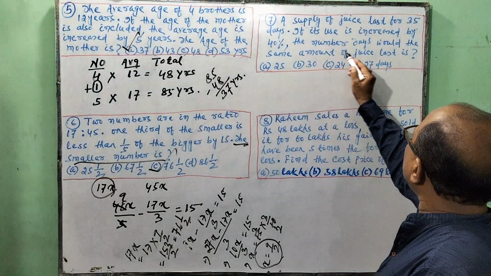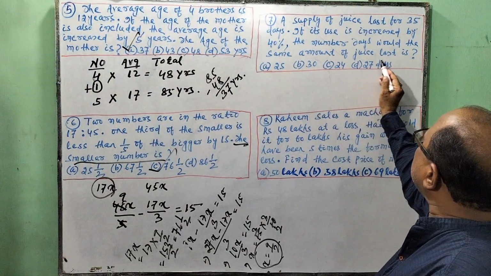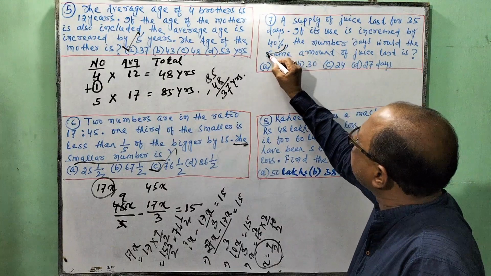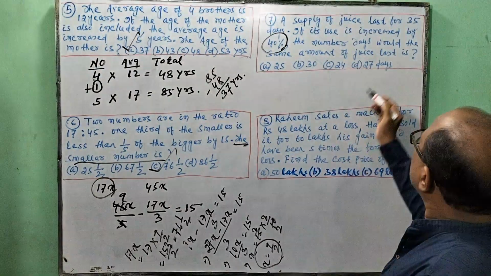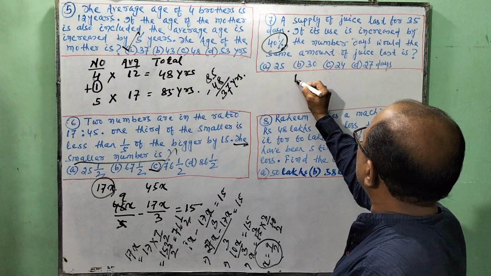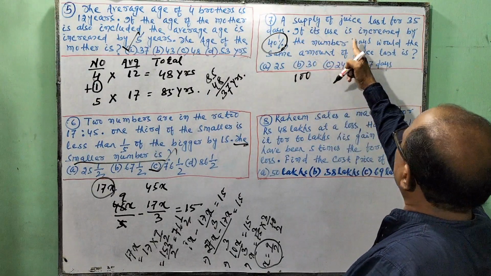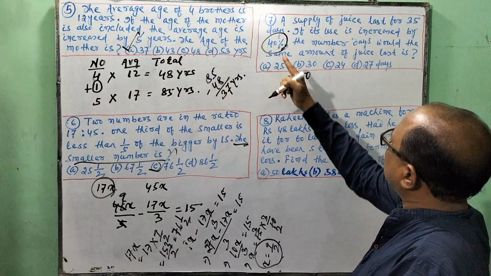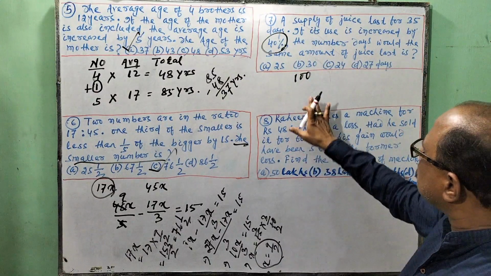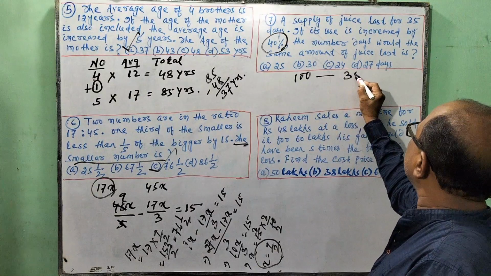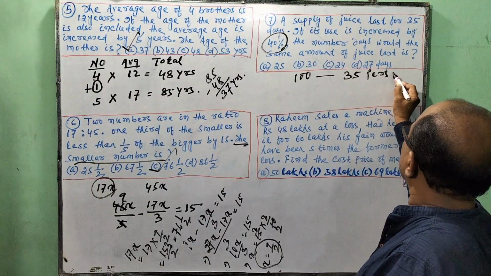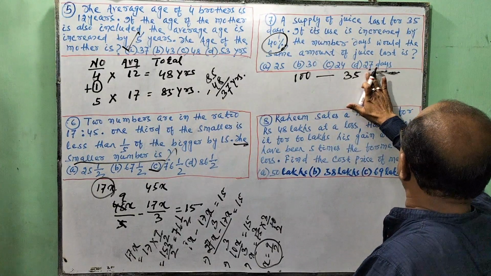The number of days the same amount of juice would last is what we need. So percentage is here, very much clear. Suppose the use is 100 before, for 35 days.